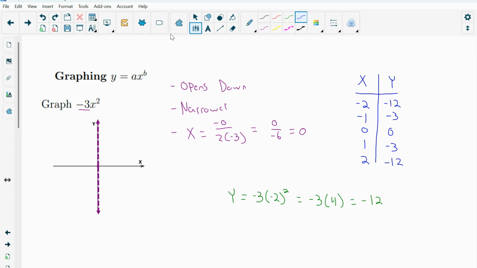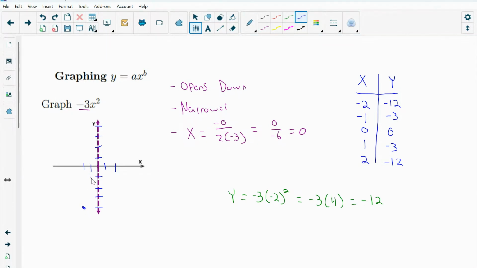So now graphing these at negative 2. I know I don't have a good graph here. I'm going to be at negative 12, which here we'll just go by threes: 3, 6, 9, 12. So I've got negative 2, negative 12.